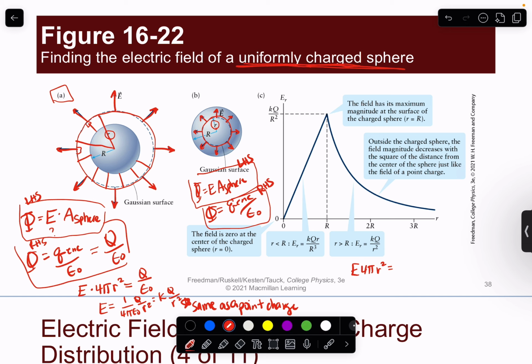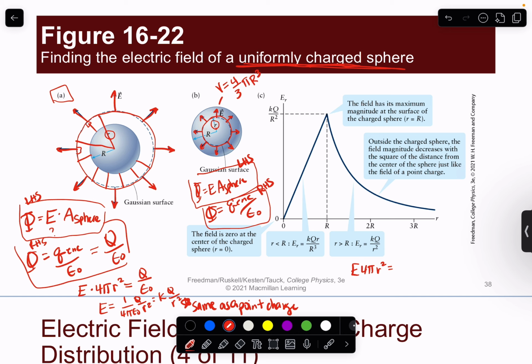It's uniformly charged, meaning the density of charge is equal. So I can just use a ratio to figure out how much charge is in there. And so in order to figure out the ratio, I need to think about what's the volume of a sphere, of this whole sphere. Well, the volume of this sphere is, you may remember, 4/3 pi R cubed.